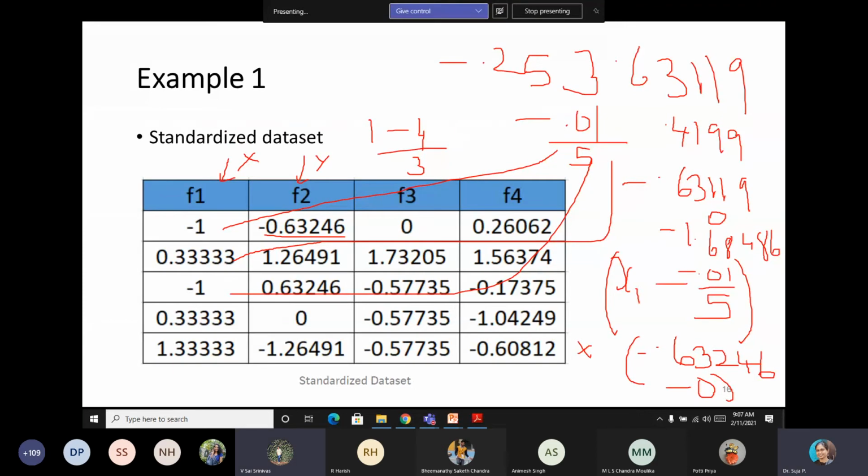You can just sum up all this and divide by 5, you get this value. 0.63119 plus 0.4199 minus 0.63119 minus 1.68486 divided by 5. It will give minus 0.253. You can calculate and check.